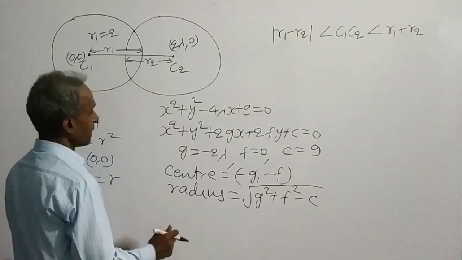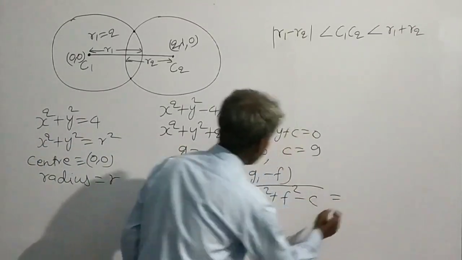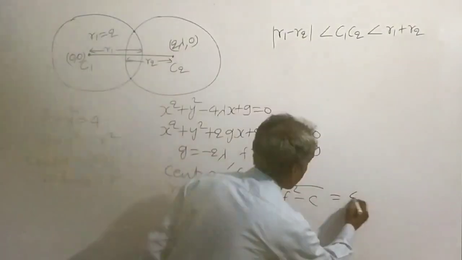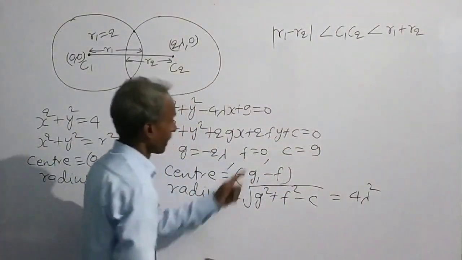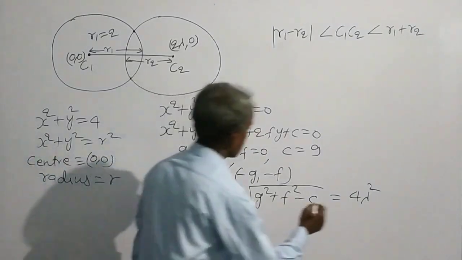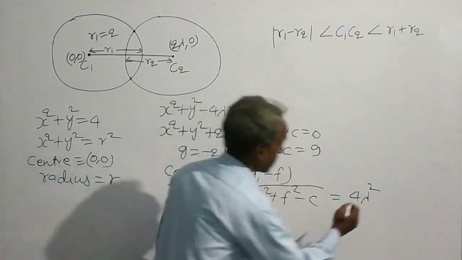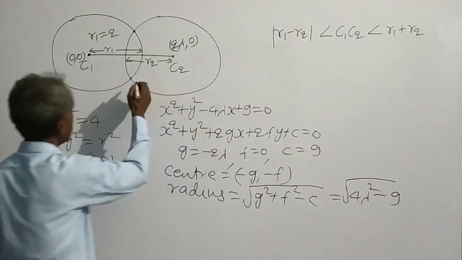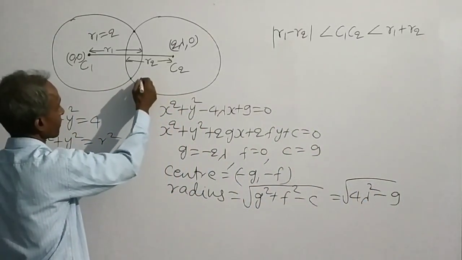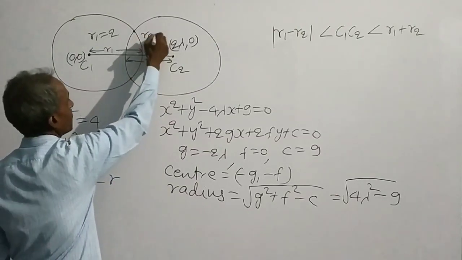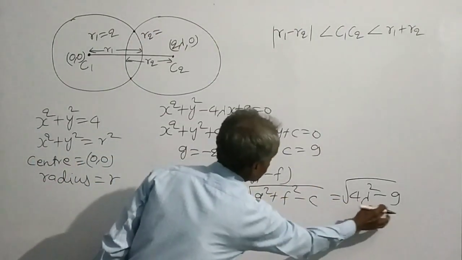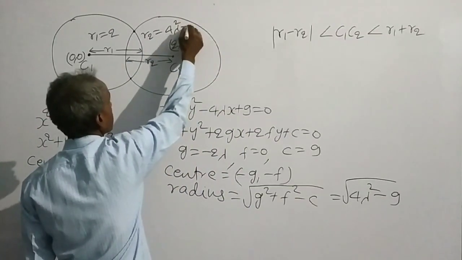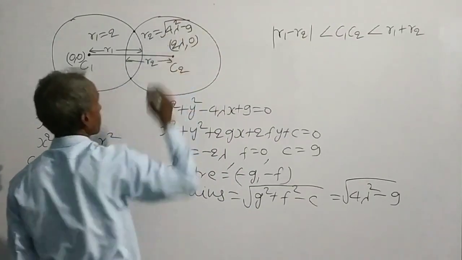Therefore, R2 will be equal to root under 4 lambda square plus 0 square minus 9. That means R2 will be equal to root under 4 lambda square minus 9.